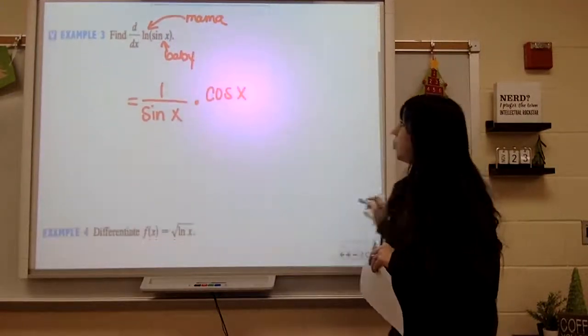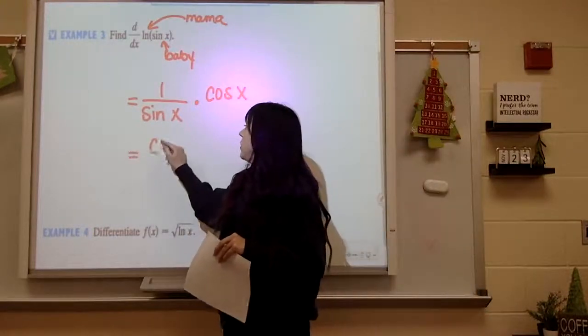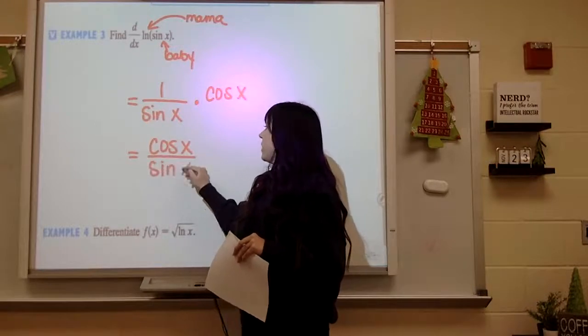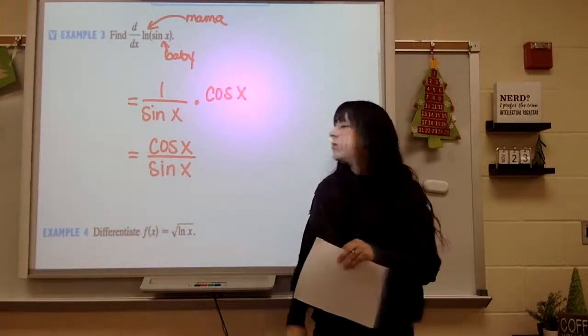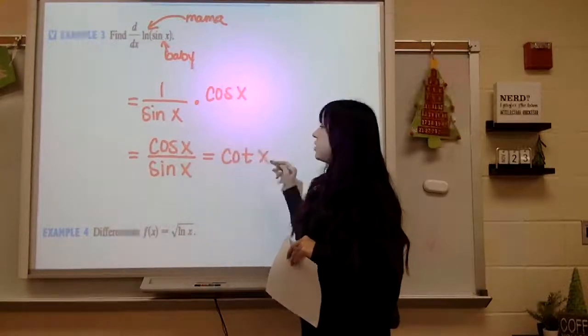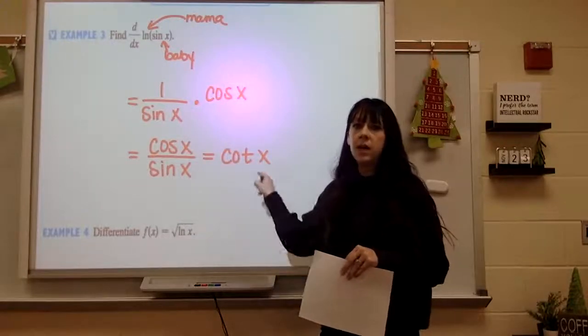Now, because this is a trig question, we can do a little bit more other than just putting it into one fraction like we did before. What we could do here is say that cosine over sine is the same as cotangent. Make sure that you understand that connection there.